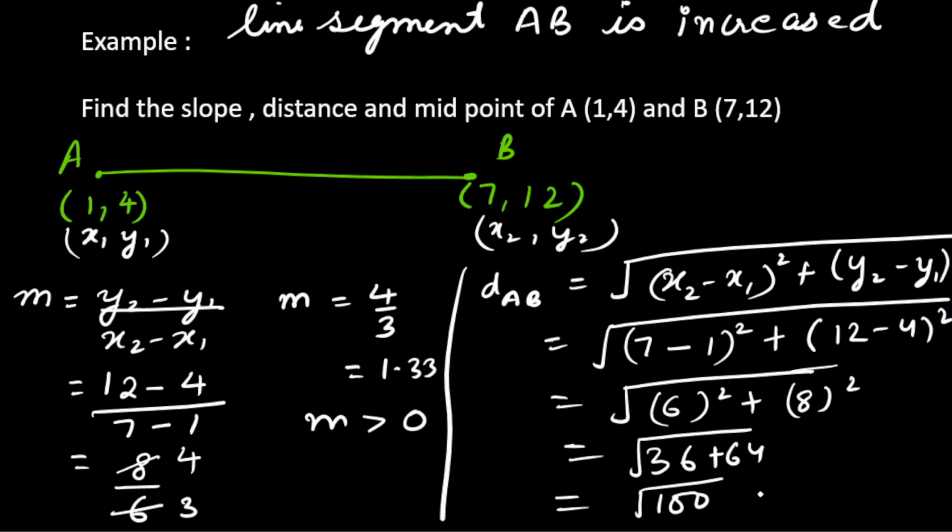When we add both of these, it's 100. The square root of 100 is 10. So the distance between AB is 10 units.